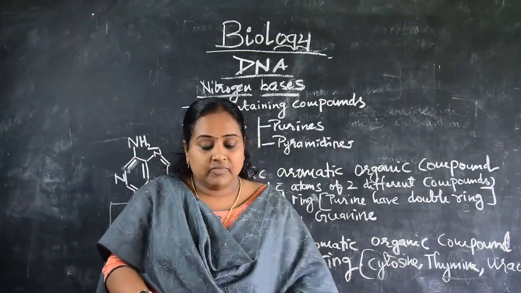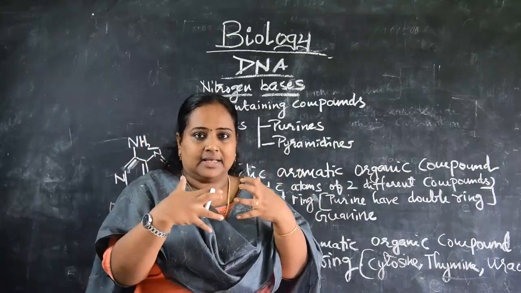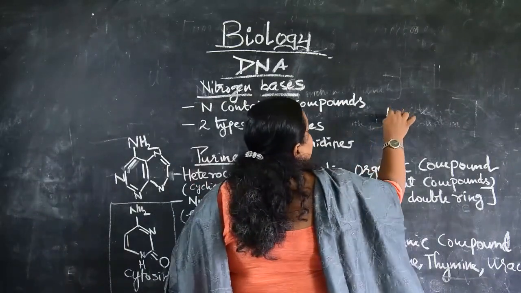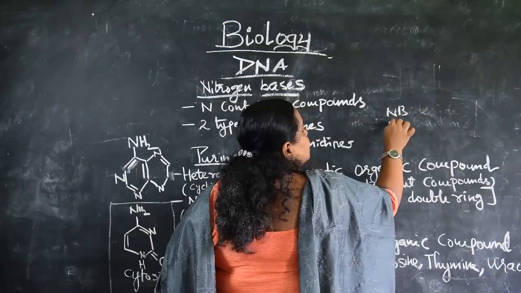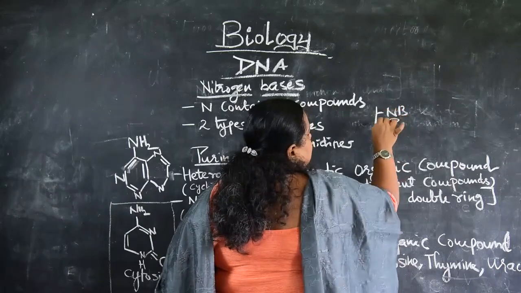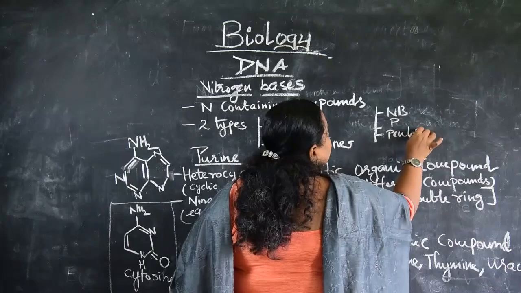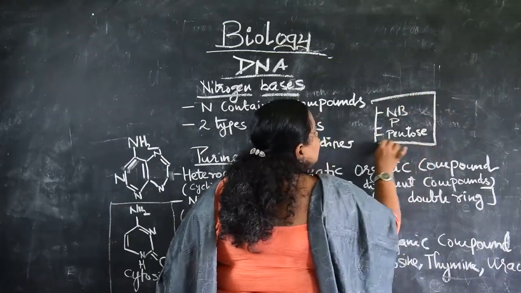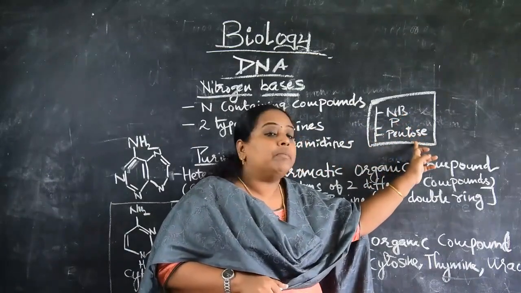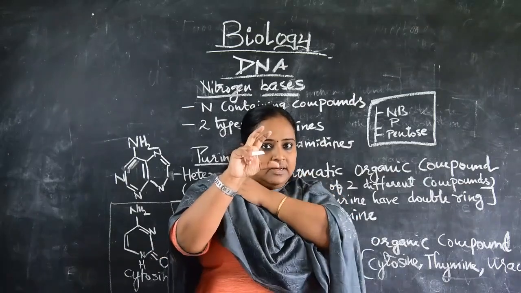Next we will move on to how these components are linked. I told you there are three components: a nitrogen base, a phosphate group and a pentose sugar. These three make up a nucleotide, the monomer unit.